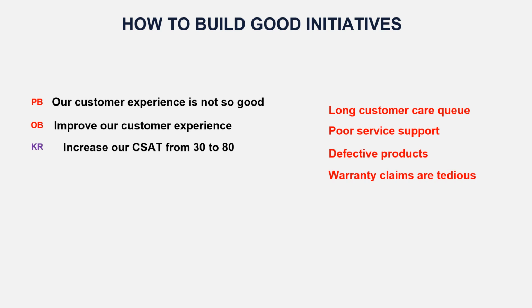If we rank this to understand what is the top one or top two things which is contributing higher level of issues to the customer dissatisfaction, in this case, the ranking order goes like this, which means the long customer care queue is the significant reason for the customer's dissatisfaction.